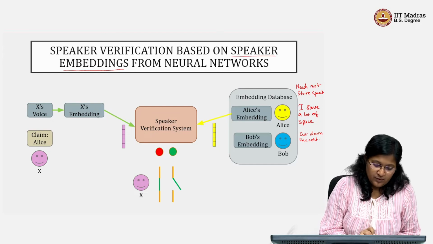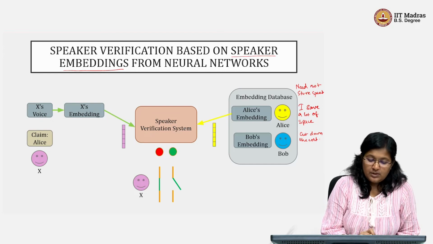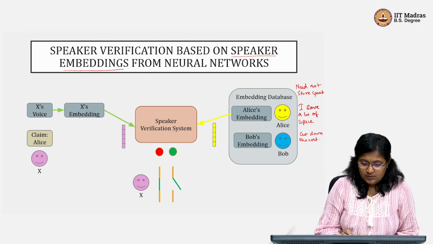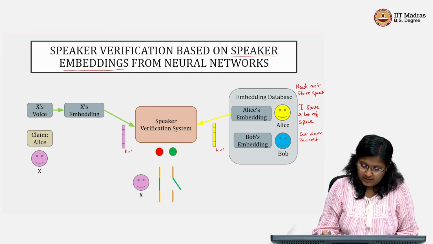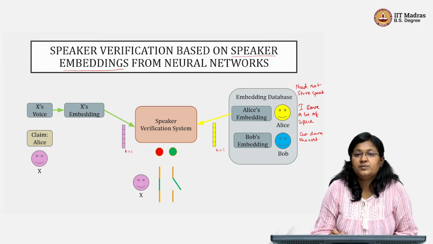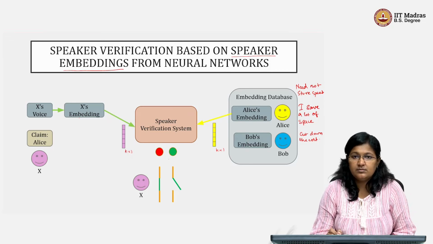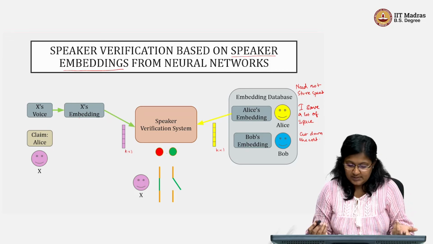And here too, after the voice is taken, you compute the embedding. This is some k cross 1 vector, and this is again a k cross 1 vector. They are given to the speaker verification system, and some scoring is done. Based on that, you allow or not allow.